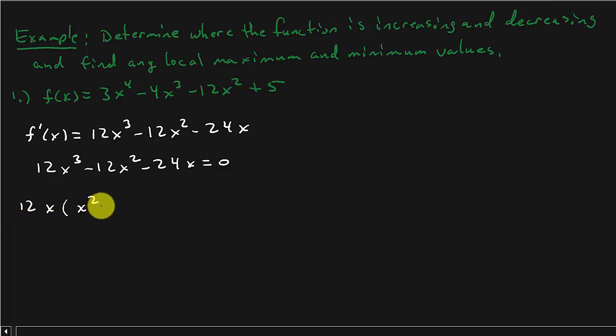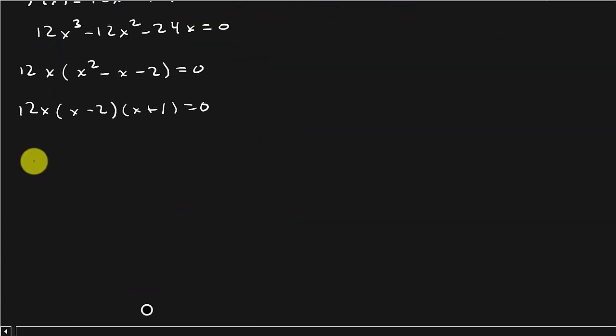That leaves us with x squared minus x minus 2 equals 0. So 12x times x minus 2 times x plus 1 equals 0. And so we have x equals 0, or x equals 2, or x equals negative 1. All right, so there are our critical numbers.